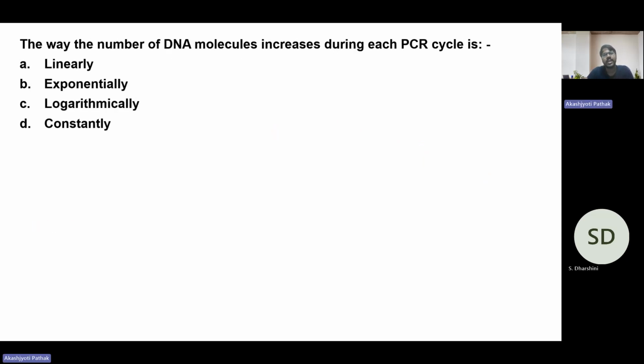Now, the way the number of DNA molecules increases during PCR cycle. So what happens? You have your DNA molecule. From one DNA molecule, what happens? This DNA molecule first separates into two separate DNA strands, and you are getting a new DNA strand from this separated DNA strand. So from one, you are getting two. Then from two, how many will you get?